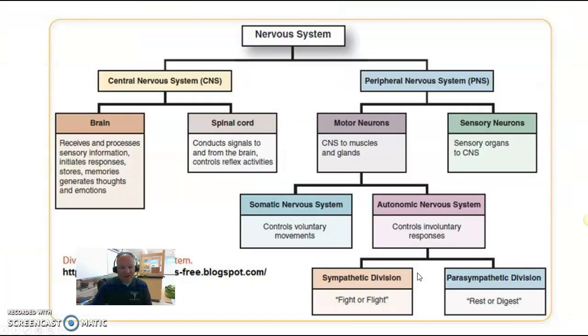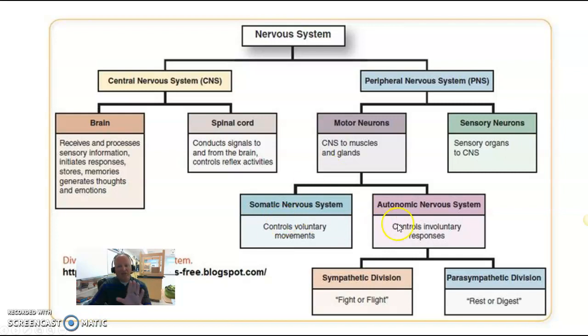So let's go through our nervous systems. Nervous system in general, everything. Central nervous system, just my brain and my spine. Everything starts in peripheral with sensory neurons. Sensory neurons send information to your brain and spine where I will integrate it, and then motor will carry a response out depending on what you want to do. Skeletal muscles, somatic.